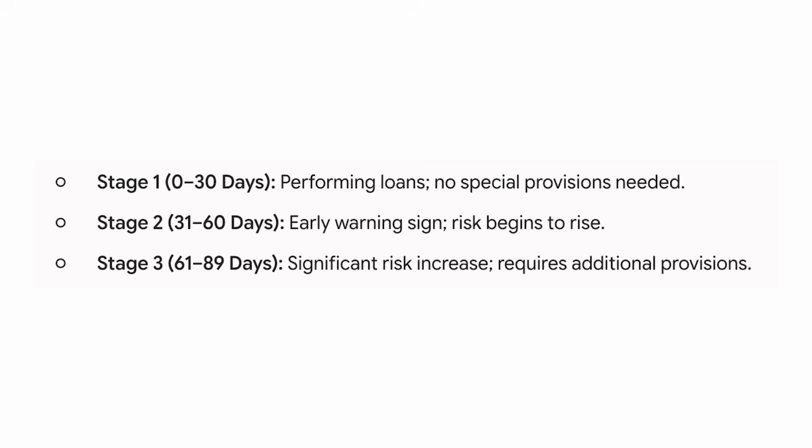In this window of SMA 1 and SMA 2, we will have to run different kinds of models to assess what the expected loss will be, and right from the beginning, that is on the 31st day, you should be able to make provision for that kind of credit risk which the banks have already assessed. That is the crux of the expected credit loss framework.